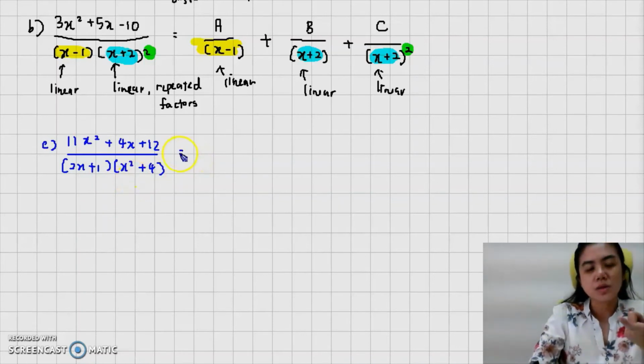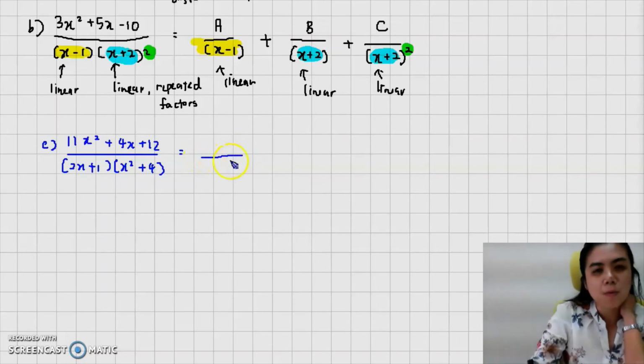Same concept, we're going to use the same concept. Each factor becomes one denominator for each fraction. So we have the first one, and you join with another fraction, and this becomes the denominator also. So we have x squared plus 4.